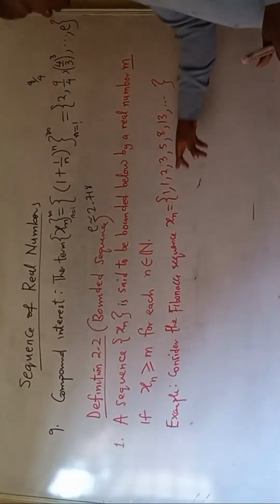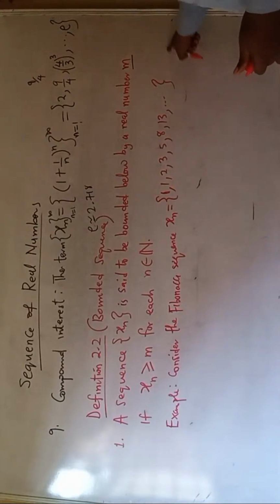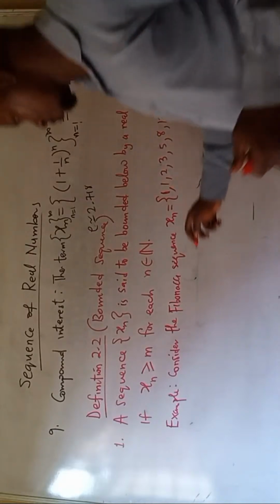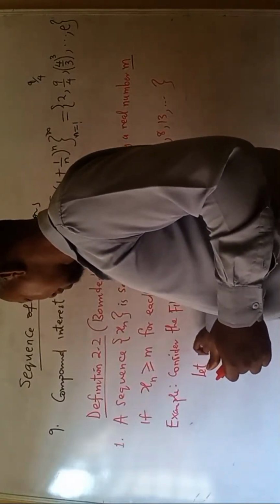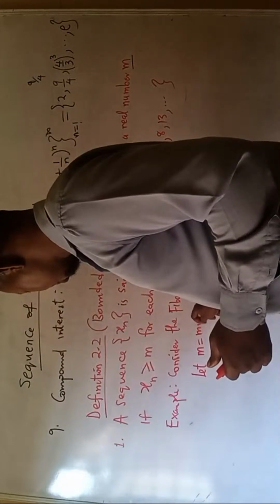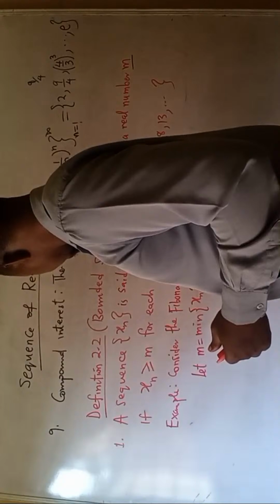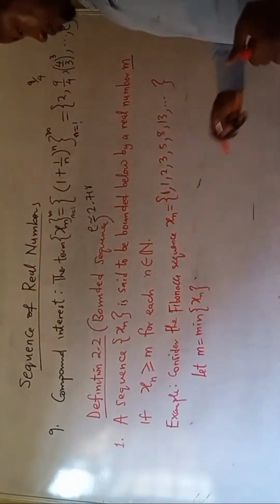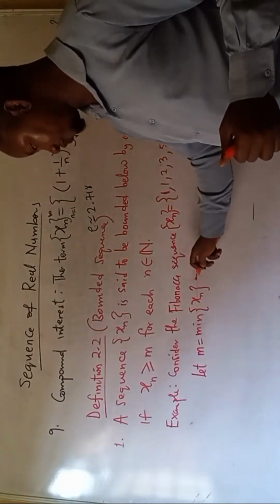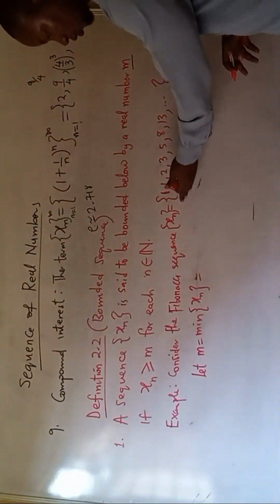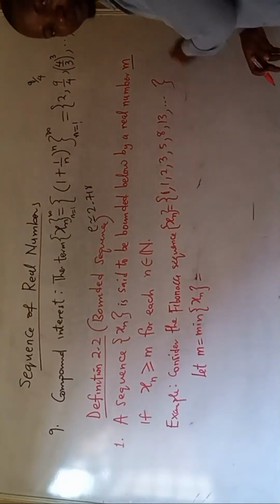You will observe that this sequence is going to infinity. Like I said, let n equal the minimum of xn. If you look at all this, the sequence is going to infinity. What is the minimum number here?